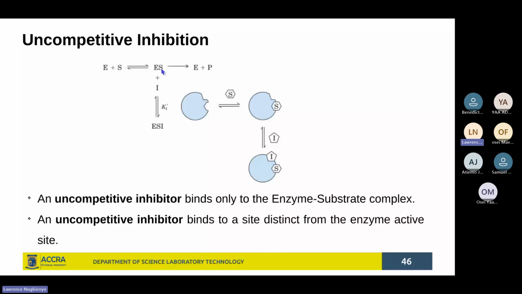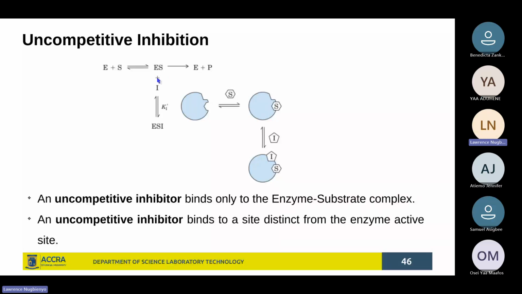Now, if you have an inhibitor present in the reaction mixture, that inhibitor I binds to the enzyme substrate complex to give you an enzyme substrate inhibitor complex, ESI, which prevents the reaction from proceeding. And that's what you see being depicted in the diagram.